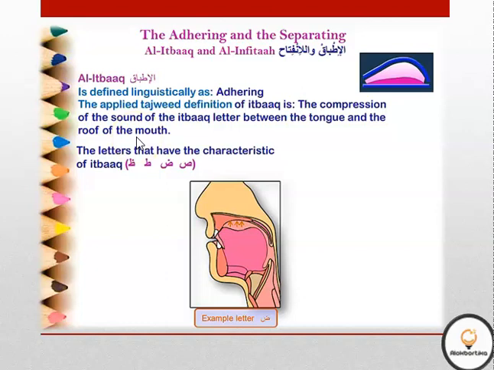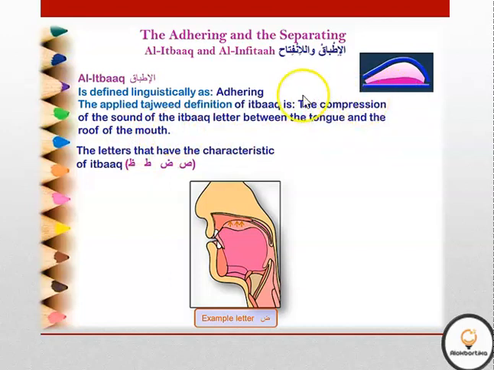That means they are actually 4 in number. The itbaq letters are 4, but the isti'ala letters are 7. So itbaq is actually doing a compression that the isti'ala do not do. A compression of the sound of the itbaq letter between the tongue and the roof of the mouth.